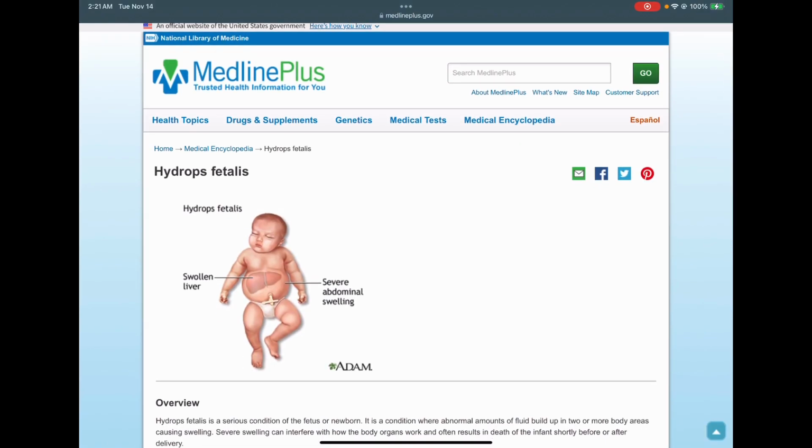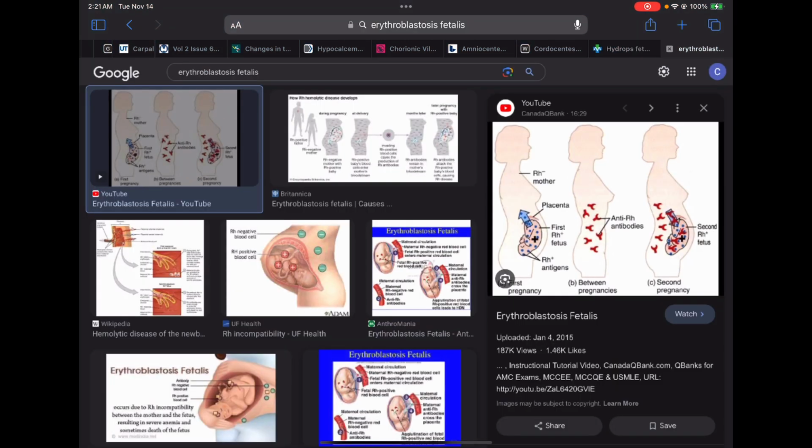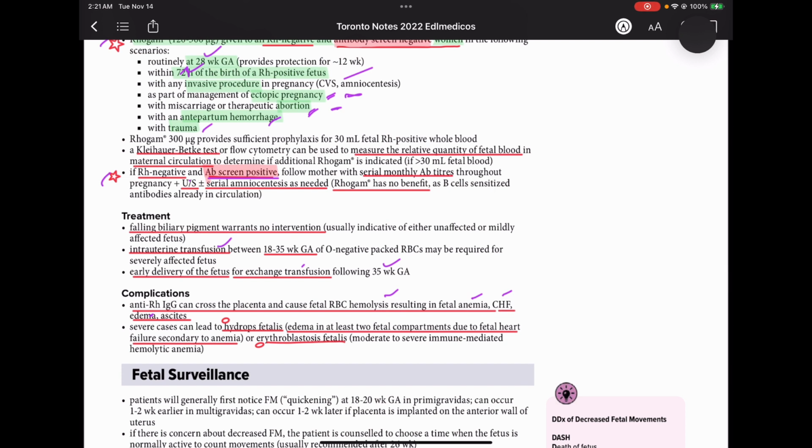So we have here hydrops fetalis. There is swollen liver, severe abdominal swelling. So more than 2 compartments, there would be swelling. Because of hemolysis, there is anemia and there's congestive heart failure. And in erythroblastosis fetalis, as I shared already, the antibodies would attack the baby. Moderate to severe immune-mediated hemolytic anemia.